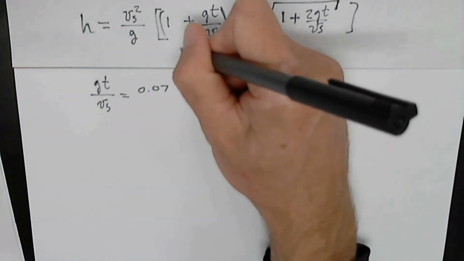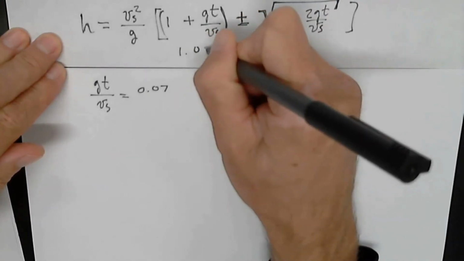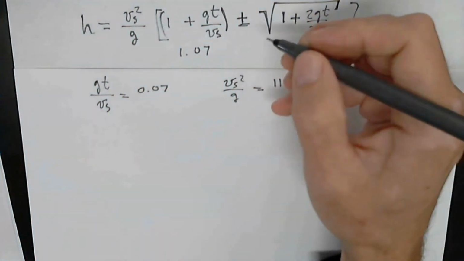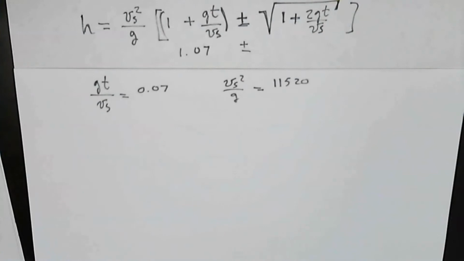So this over here is 1.07, and this is plus minus, and then you have a square root of something plus 2 times 0.07.